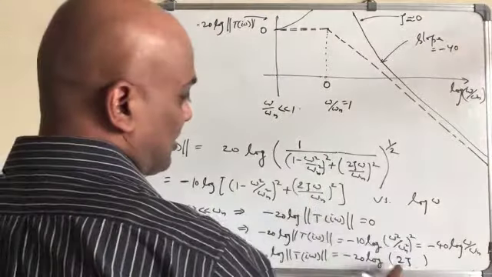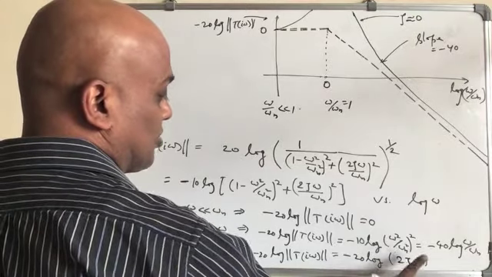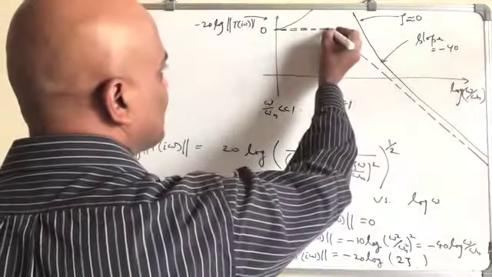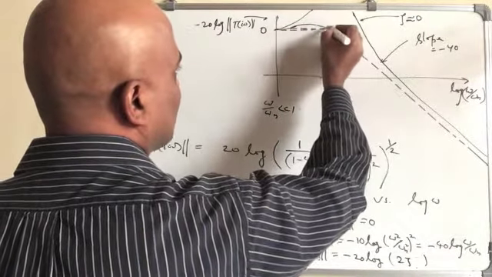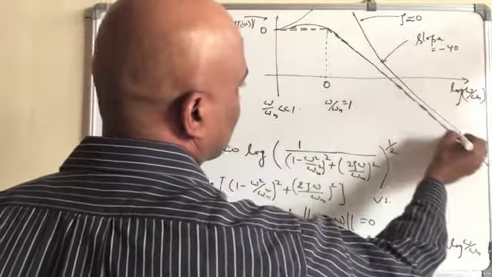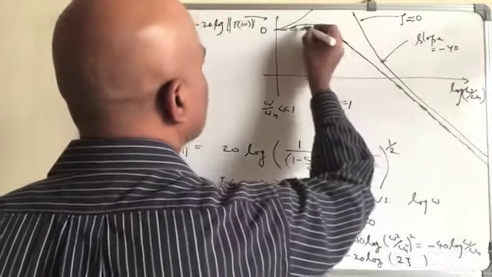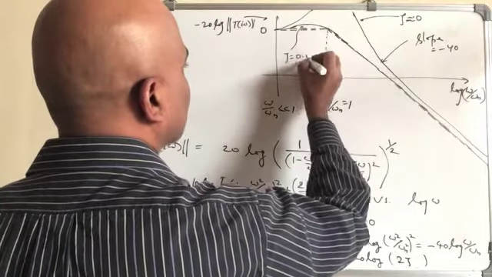Then when zeta equals 0.5, 2 times 0.5 is 1, so log 1 is 0. So zeta equal to 0.5 will be something like this, very close to that.